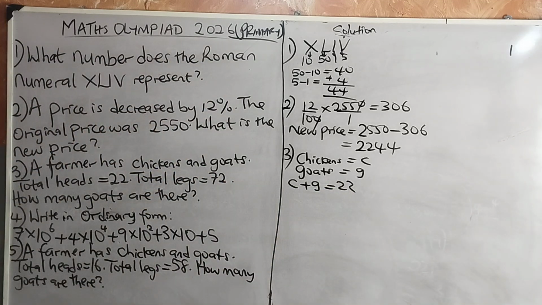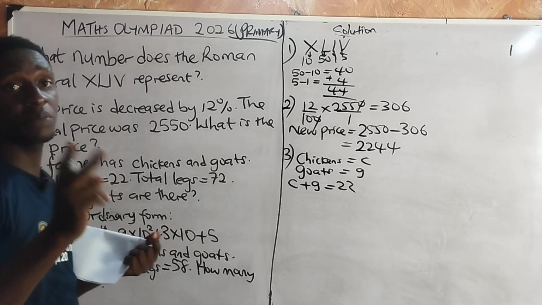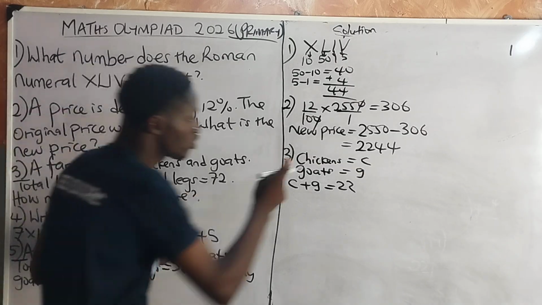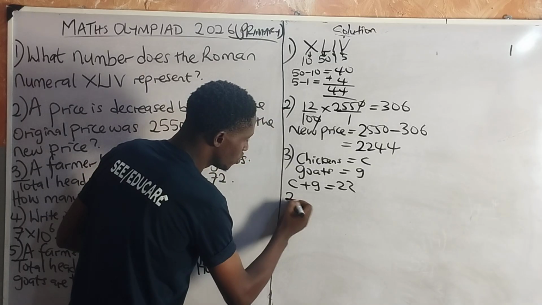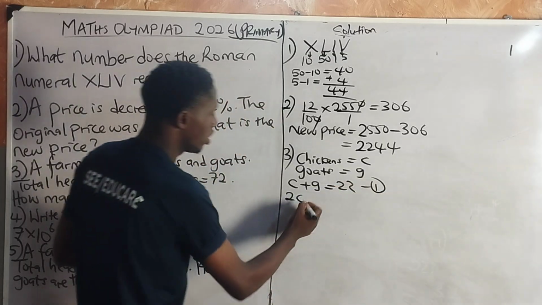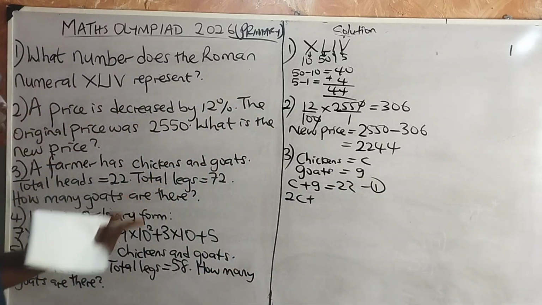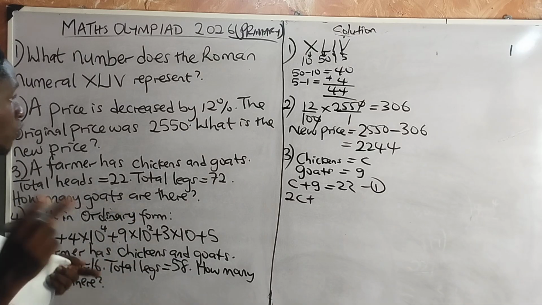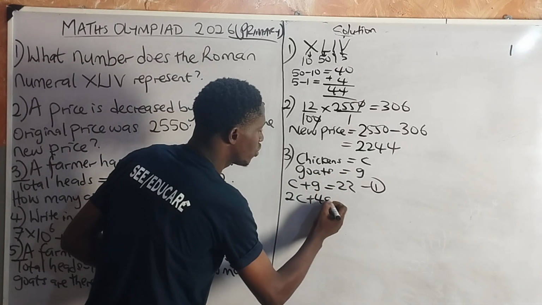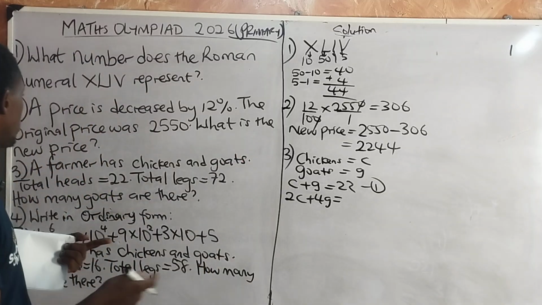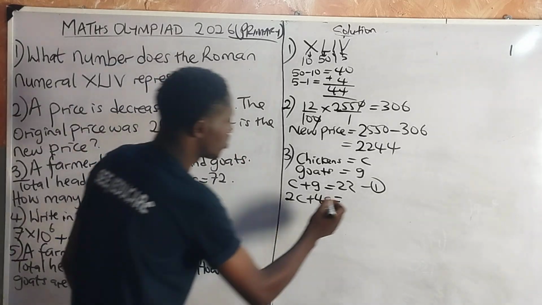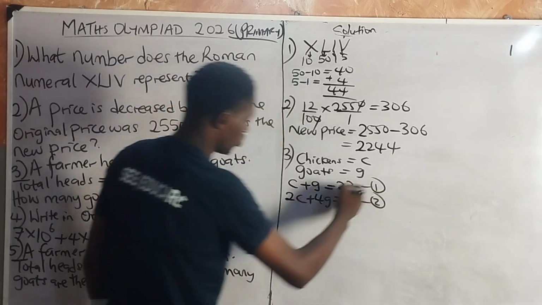Total legs: a chicken has 2 legs, so it will be 2 times C, which is 2C. Let's call this equation 1. Plus a goat has 4 legs, so 4 times G, which is 4G, is equal to the total number of legs, which is 72. Let's call this equation 2.